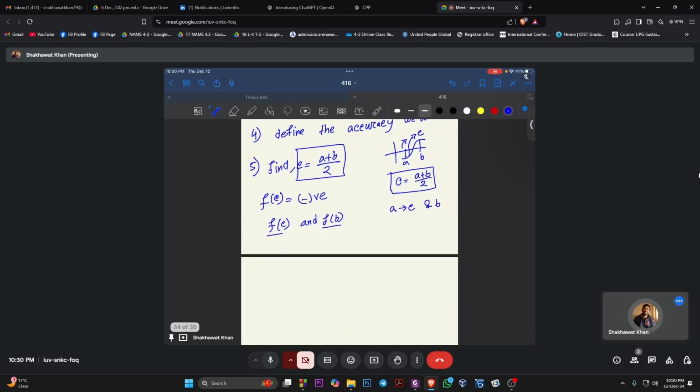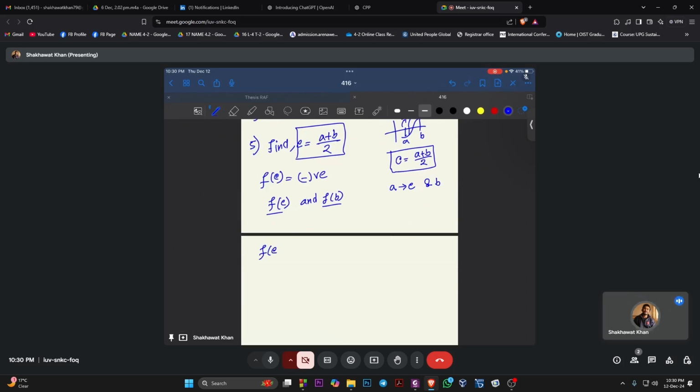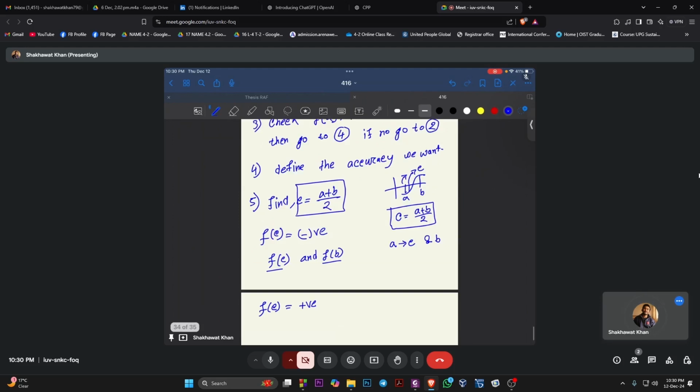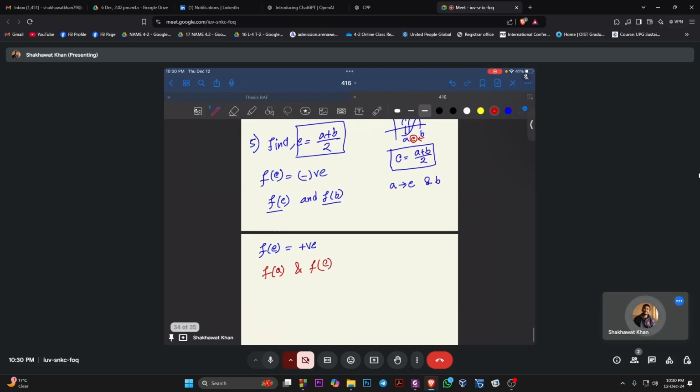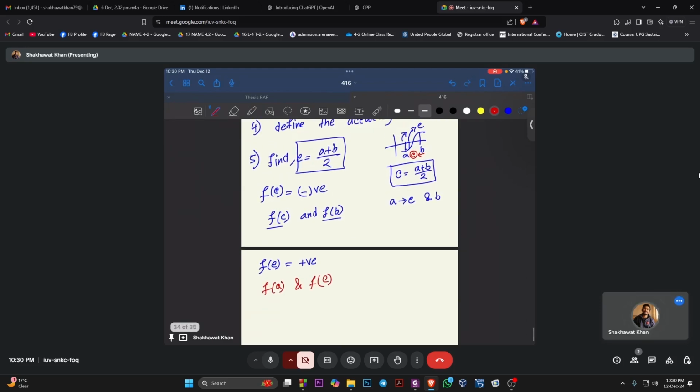But if f of c is positive, then this b value is decreased to c, right? Then our concern would be f of a and f of c. So in that case, we need to check what is exactly going to happen in our problem.